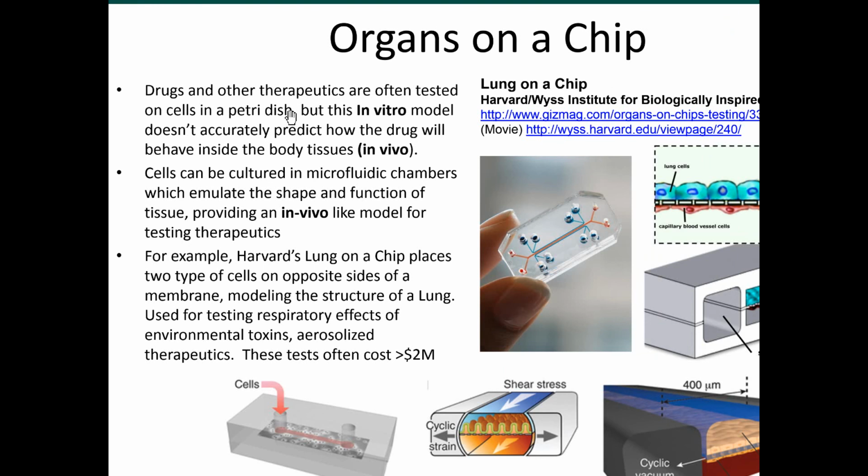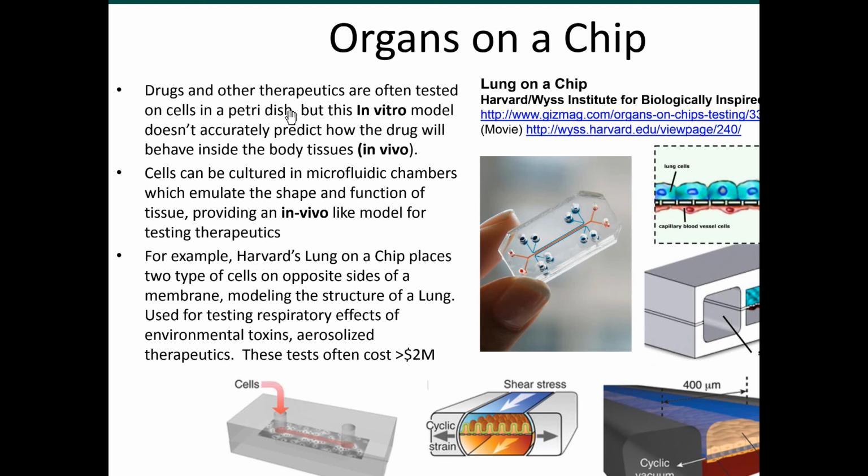Whereas in a petri dish, the situation is quite different. So you have diffusion of nutrients through the walls of capillaries and so on. You have multiple cell types that interact with one another and send messages to one another. So the in vitro model doesn't accurately predict how a drug or a chemical will behave inside body tissues.